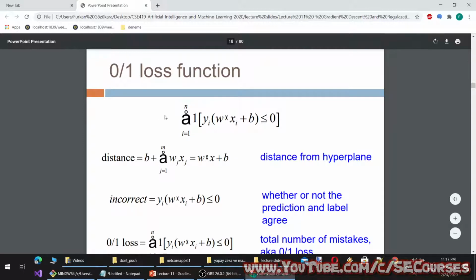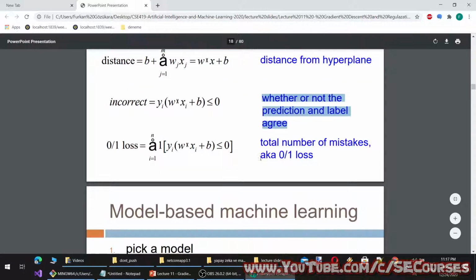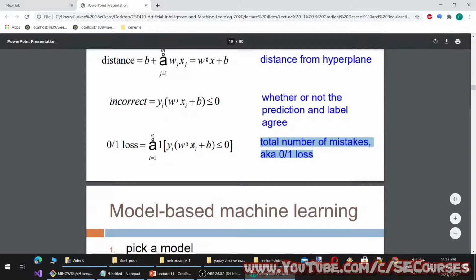So the loss function is totally up to us, but usually the one used is mean squared error, the distance from the hyperplane, and we would like to reduce the distance from the hyperplane. Or whether or not the prediction and label agree, the total number of mistakes.